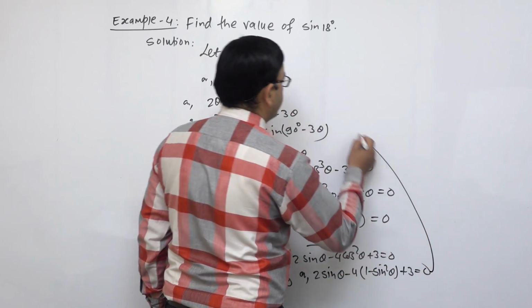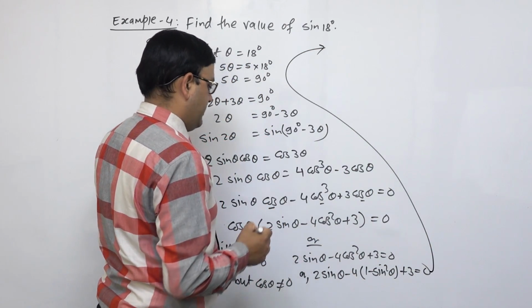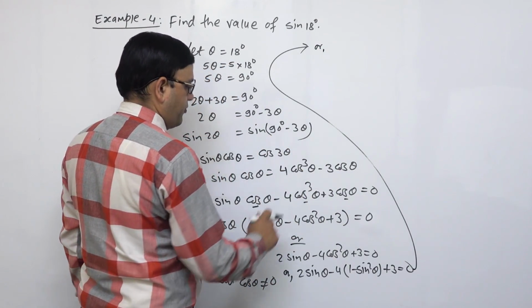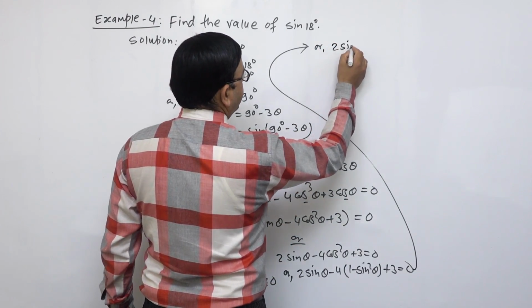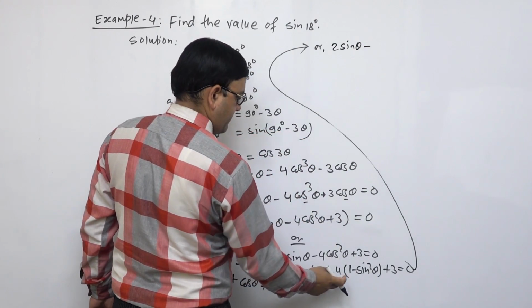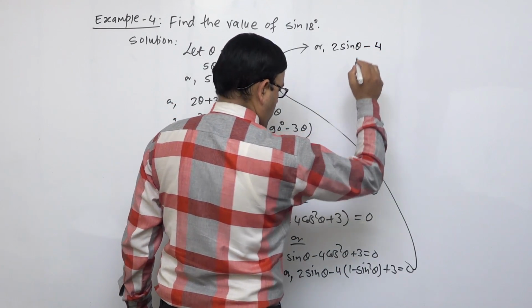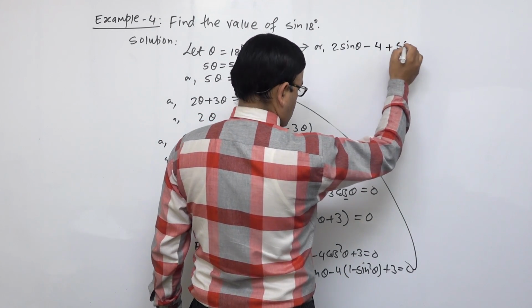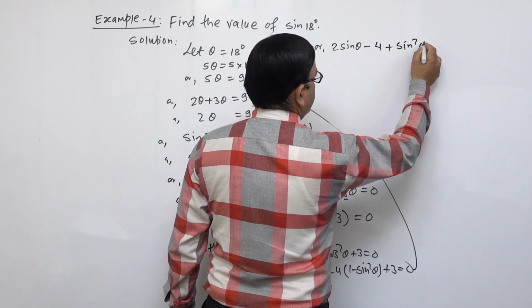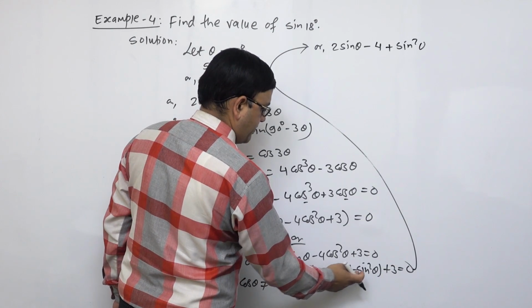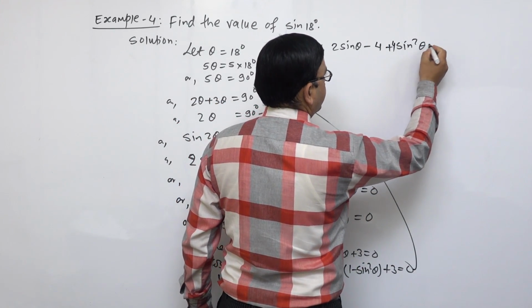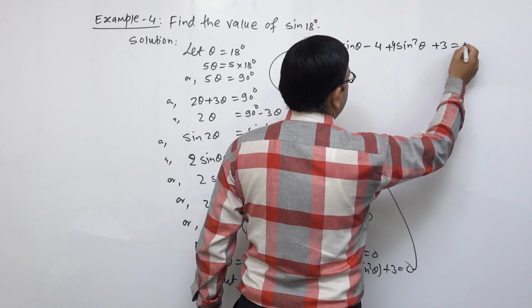Now we can write 2 sin theta minus 4 times 1 is 4, minus minus plus, 4 times sin square theta is 4 sin square theta, plus 3 is equal to 0.